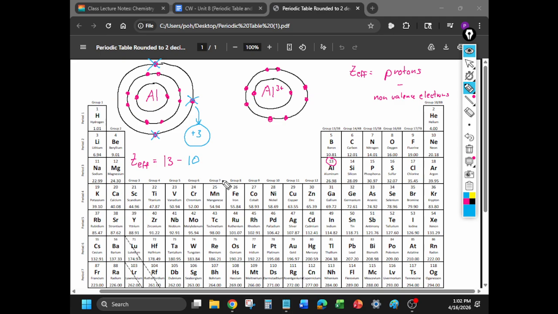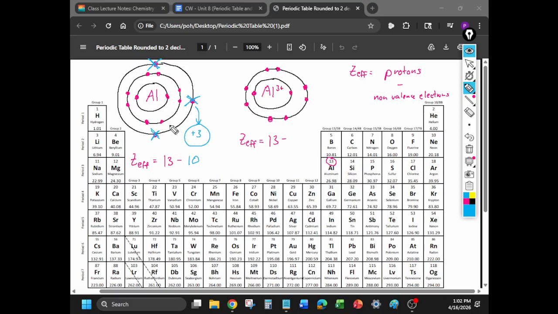The most common ion is where it trips you up a little bit because your numbers are going to change. So let's take a look at Al3+. Since it is still aluminum, the protons do not change. So it's still going to be Zeff equals 13 minus, but we have to look at what happens when you turn into a most common ion. If you turn into a most common ion, you lose the electrons in the outer shell. So you lose 3 because it's Al3+.